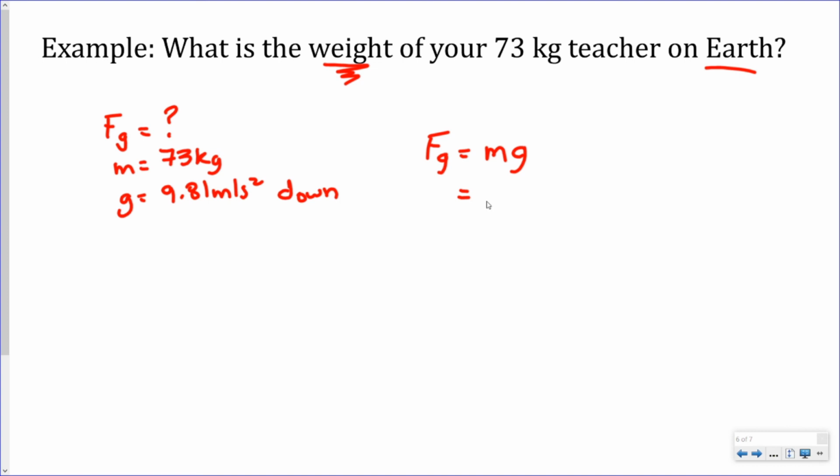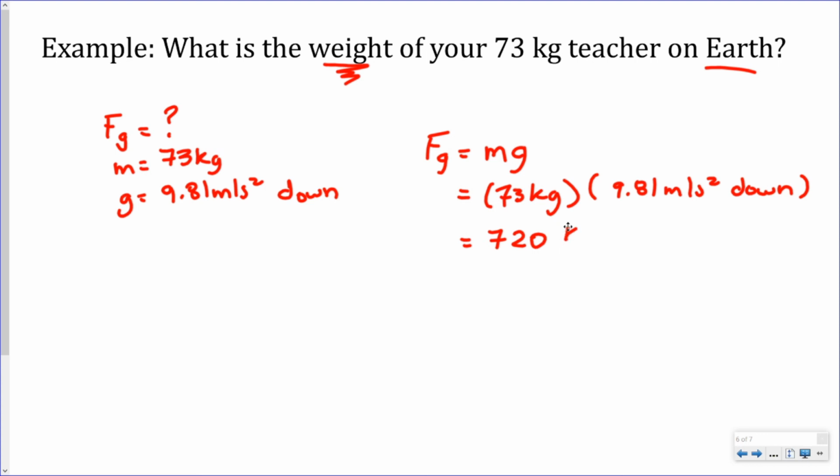Pretty easy calculation here. Mass is 73 kilograms, gravity is 9.81 meters per second squared, down, and we just multiply those. So 73 times 9.81, when I round to two significant digits, gives me 720. Now, we didn't talk about what our units are, so we can't cancel anything.